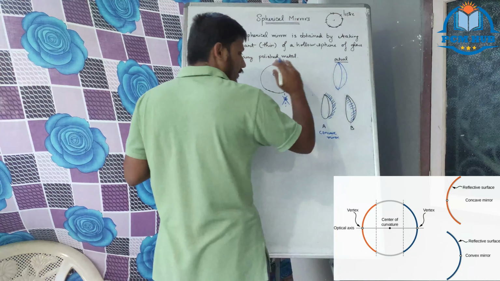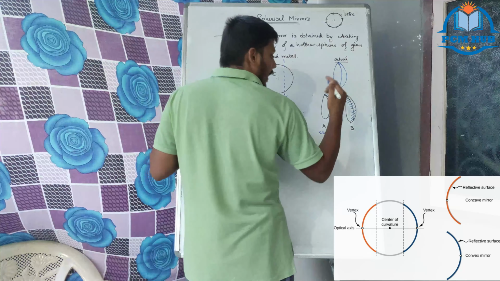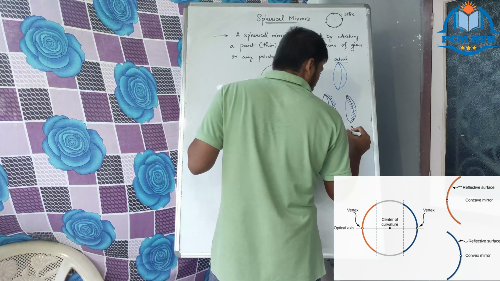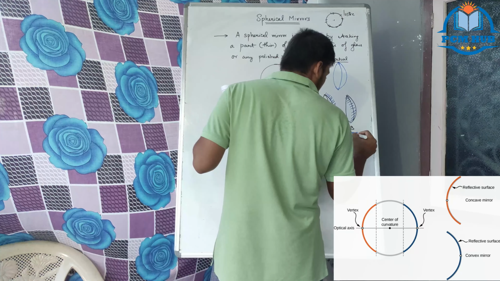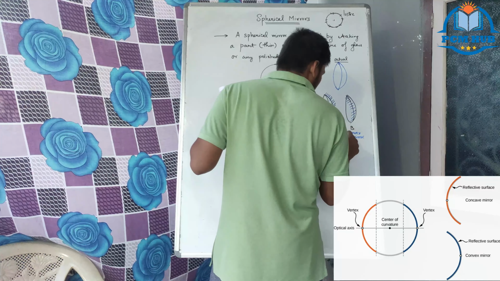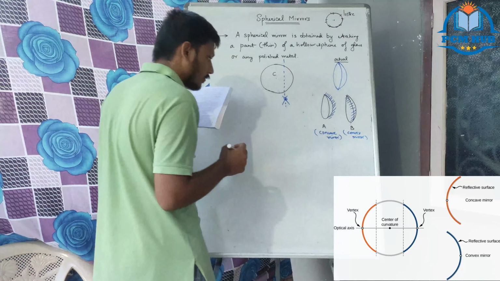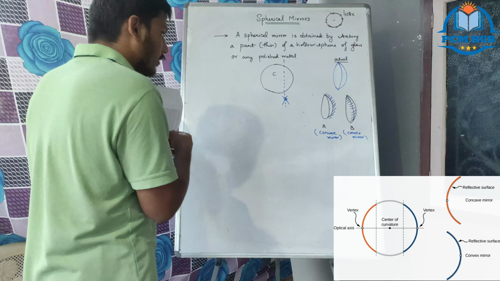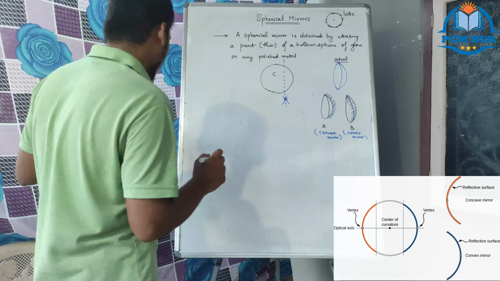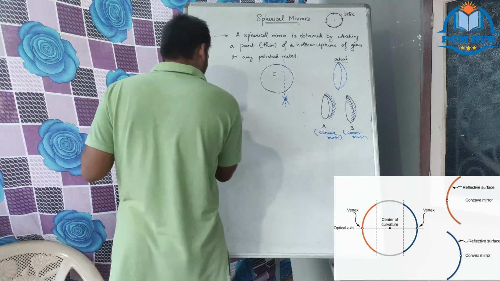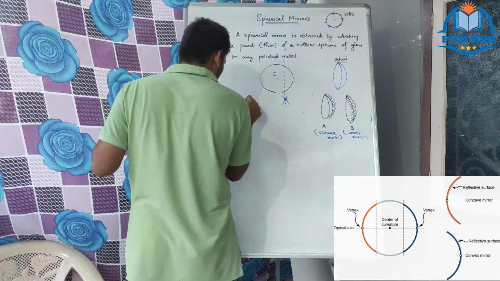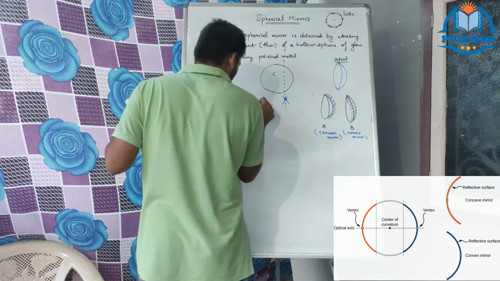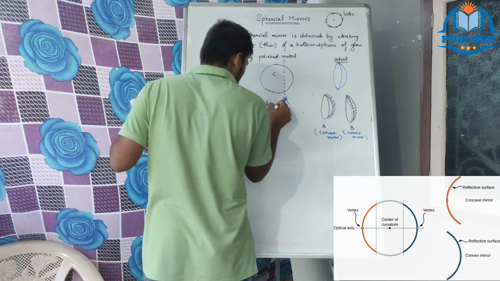And when the inside part is painted and the outside part is available for reflection, it is called a convex mirror. This is the main observation. Now clear? So let me write the definition of convex mirror and concave mirror. Types of mirrors. These are the two types of spherical mirrors.